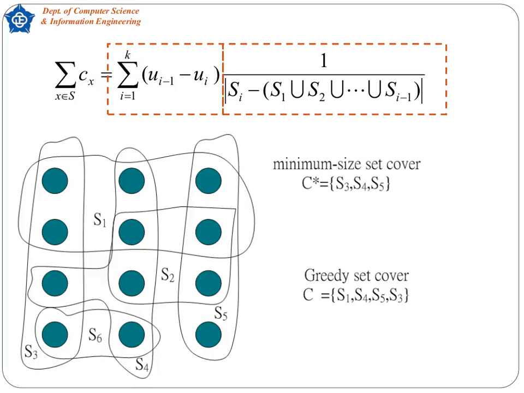Building on that decomposition, the top formula expresses the total cost of the greedy cover as a sum of marginal contributions. Each term counts how many previously uncovered elements the ith chosen set S_i picks up, weighted by the reciprocal of its new coverage. Below, you see a universe of green points with 6 candidate sets.